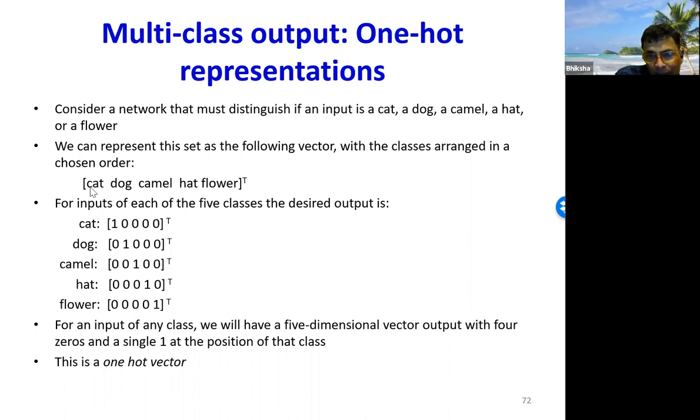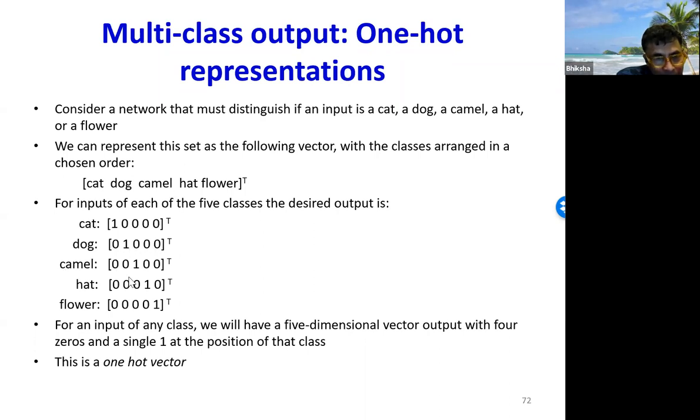And that one component is the component corresponding to the target class. So for example, if I want to represent the class cat, it comes first in my list, and of course, I have 5 classes. So I will represent cat with a vector which is 5 components. It's going to have a 1 in the position corresponding to cat and 0 elsewhere. If I want to represent dog, it's going to be a 5-component vector with a 1 in the position of dog and zeros elsewhere.